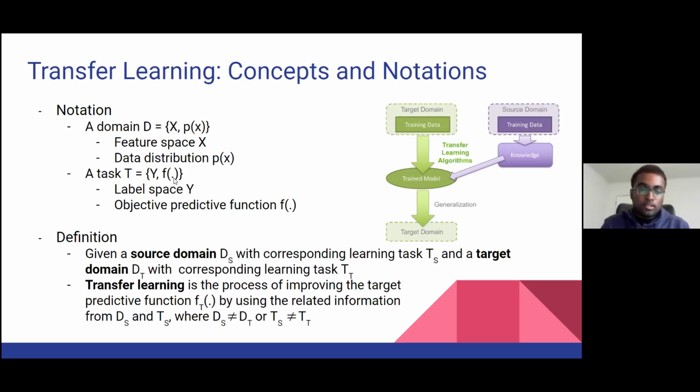So you have a label space Y, which in our case would be either a cat or a dog. And the second is the objective predictive function, that is the target conditional probability that the model is trying to learn when it's training with a given input data and the class labels.